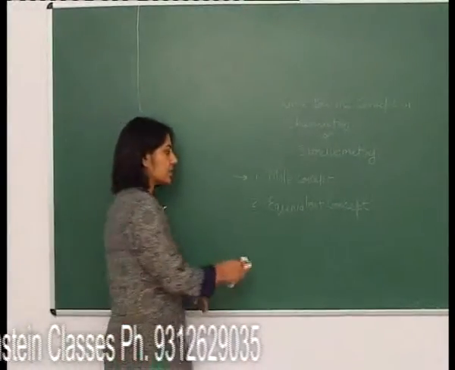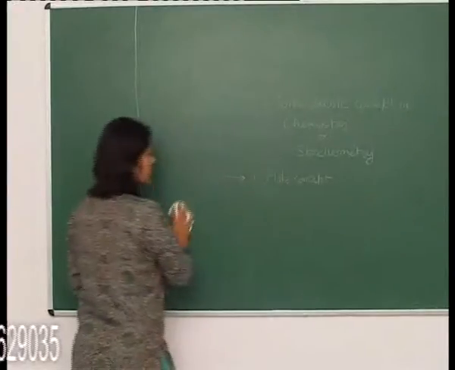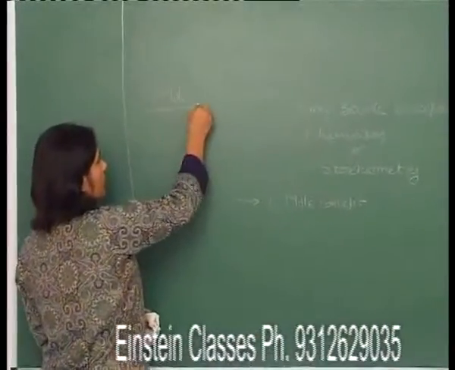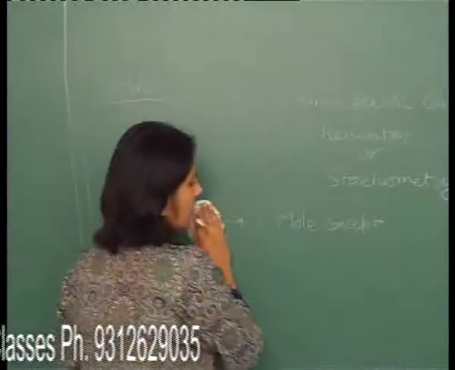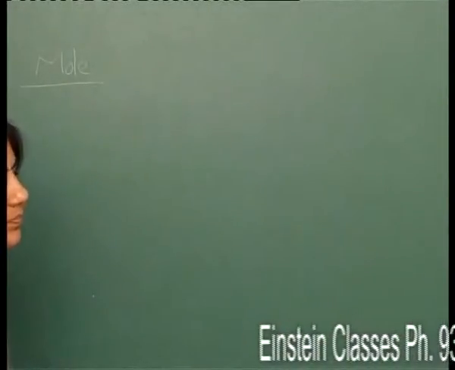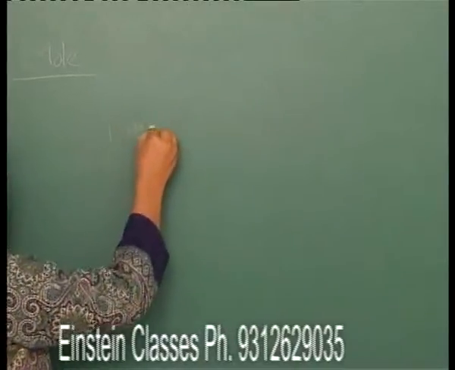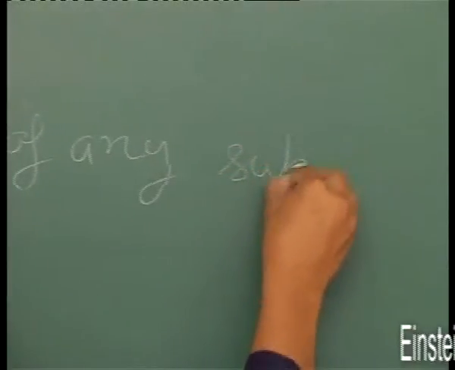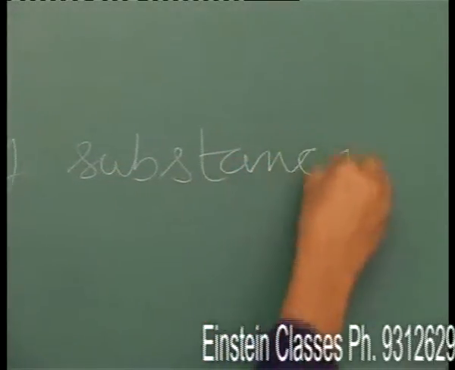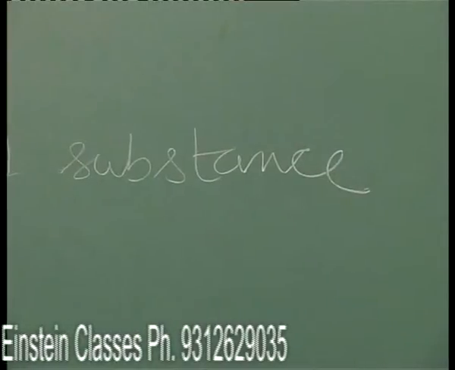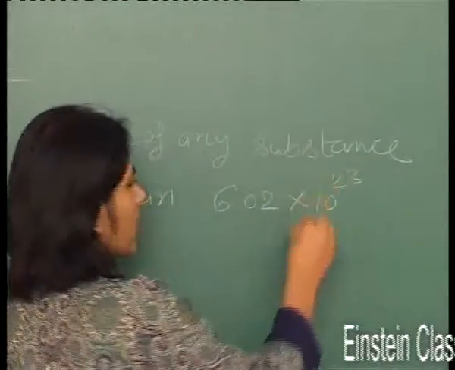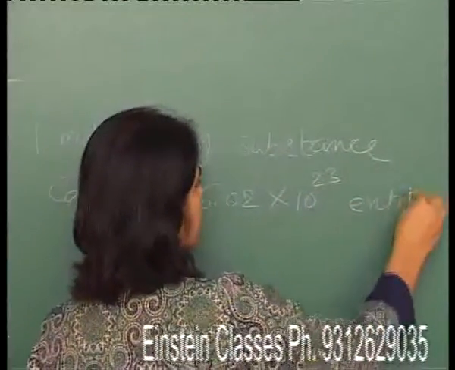So I am now going to discuss about the mole. What is a mole? Basic concept, what is a mole? Now I am going to discuss the basic fundamental definition of mole. 1 mole of any substance contains 6.02 into 10 raised to power 23 entities.